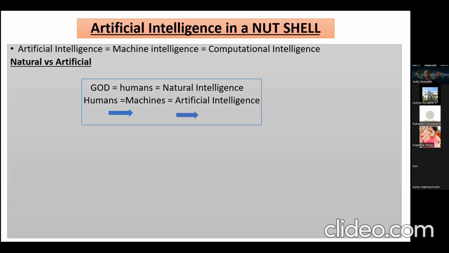And now the methodology or the techniques which we are studying is all about what God did long back. We are trying to duplicate that. So an artificial machine which can live independently in this world is the objective of artificial intelligence. So this is the hierarchy from God, humans, and from humans, machines.